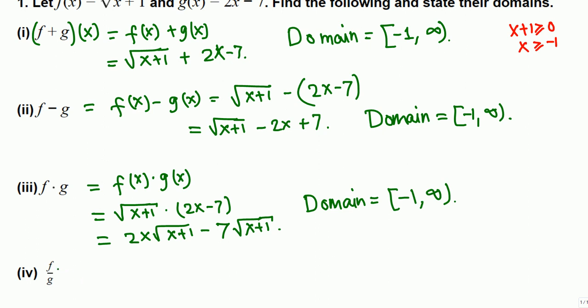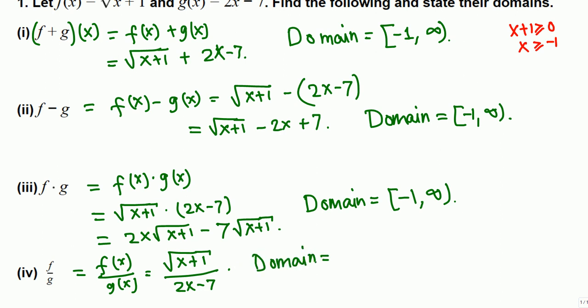And finally we need to divide f by g. This is basically f(x) divided by g(x). So f is given by root x plus 1 divided by g is given by 2x minus 7. Okay, that's f(x) over g(x). No cancellations. Now we need to find the domain. Okay, the bottom should not be 0, so we have two cases, the bottom should not be 0 and square root of x plus 1, this x plus 1 should be bigger than or equal to 0.